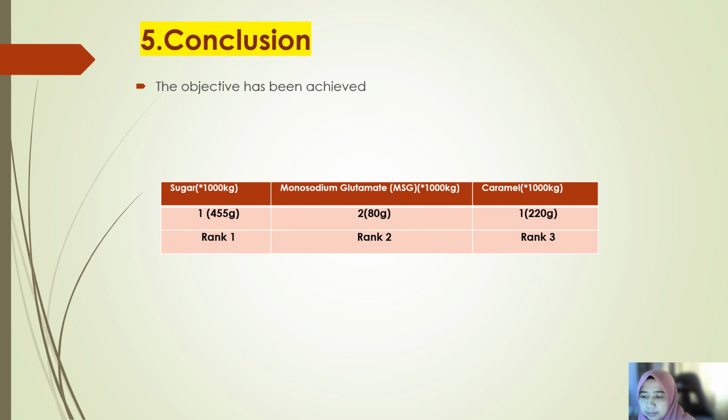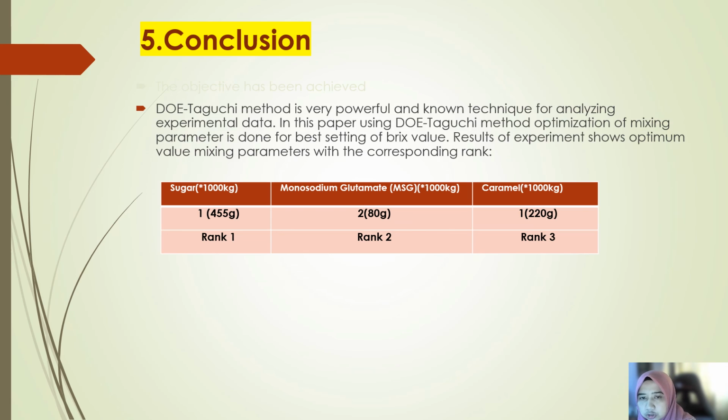Okay, the conclusion: based on the study, the objective has been achieved. The DOE Taguchi method is a very powerful and well-known technique for analyzing experimental data. So in this paper, DOE Taguchi method optimization of mixing parameters is done for the best setting of brix value.